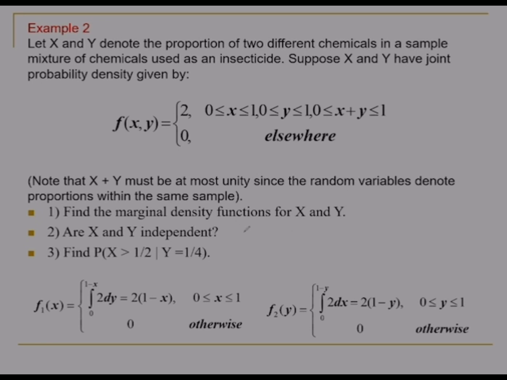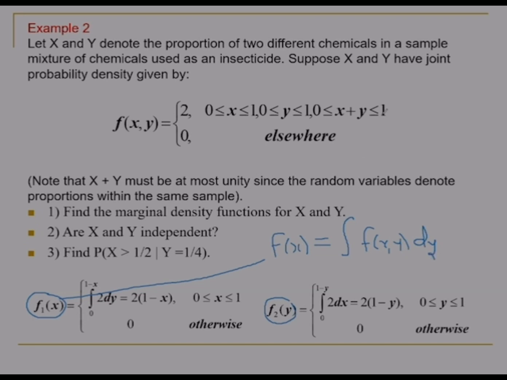Now, the very first thing, if you want to find the marginals, you basically want to find the marginal density for x, f of x, and the marginal density for y, f of y. Don't forget the other time I said, if you want to get f of x, what you basically do is integrate the joint f of x y with respect to the variable you are not interested in.